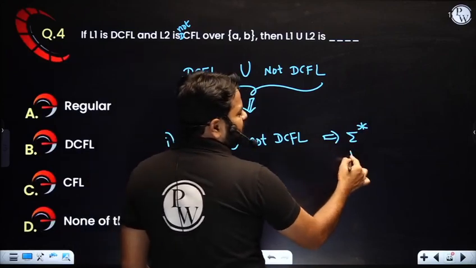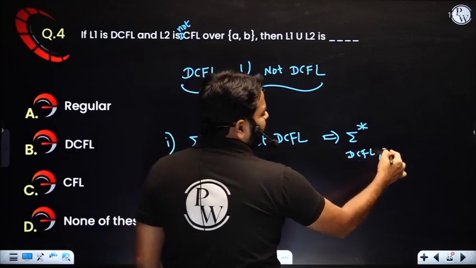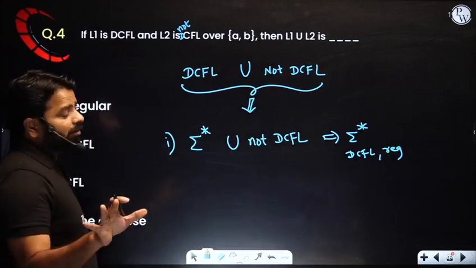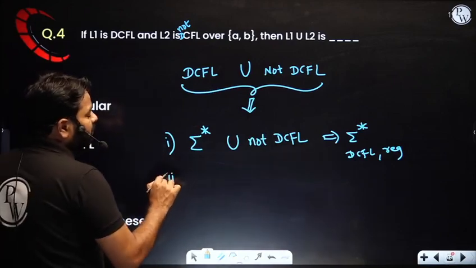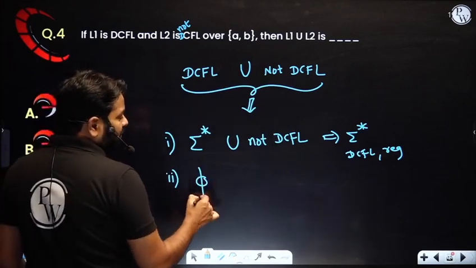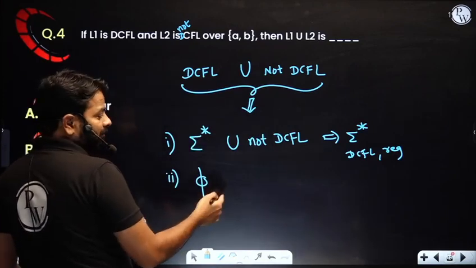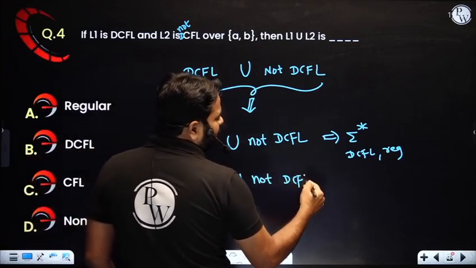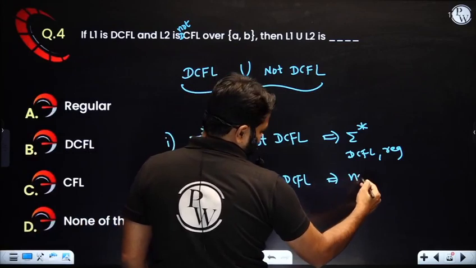This is a DCFL and regular. That means sometimes DCFL. Is there any possibility of not DCFL? If I take one of the DCFLs as the empty language, union a not DCFL, whatever not DCFL you take, the same not DCFL comes here.